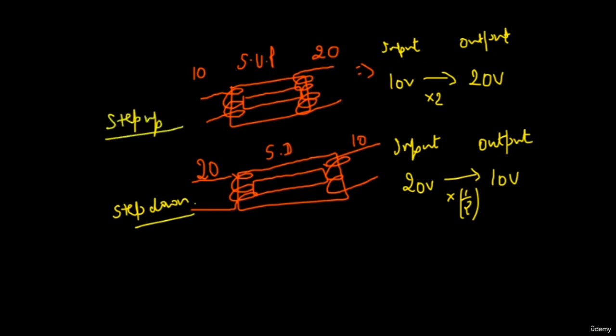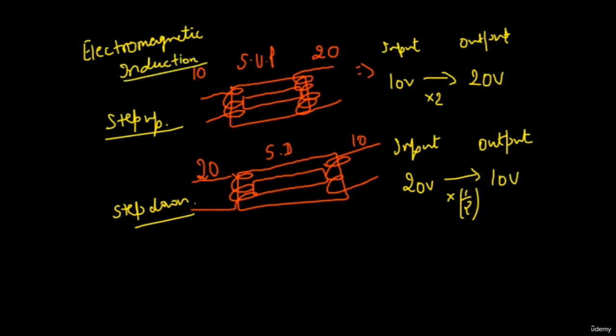There is an interesting principle working behind this called electromagnetic induction. Let me also write that so that you can understand better. Electromagnetic induction. Well, it is made up of three words.